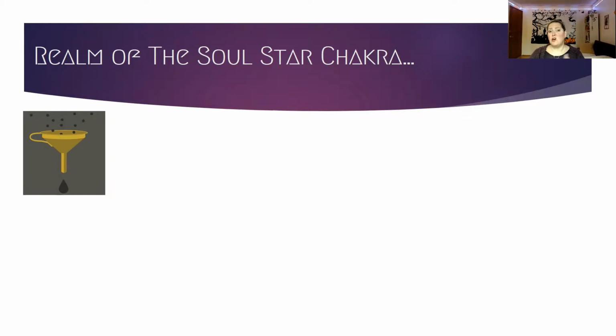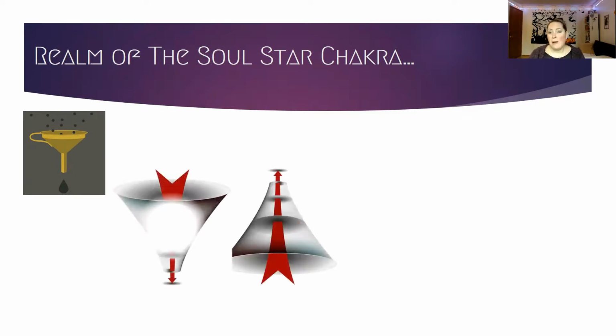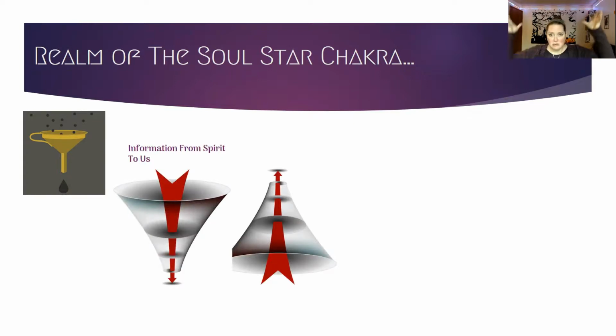First, I'd like to talk about that funnel system, which is where our human form deciphers from spirit, and what from spirit is deciphered for us for our human form. So what happens? It's like a funnel. Information from spirit comes into this big area and it gets skinny down into information that we can understand from spirit.